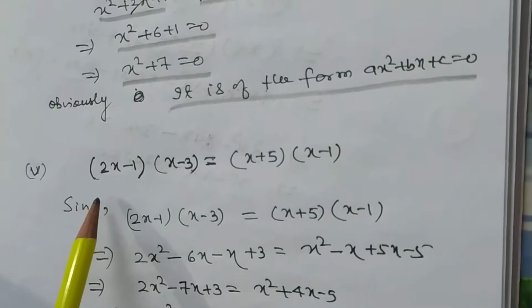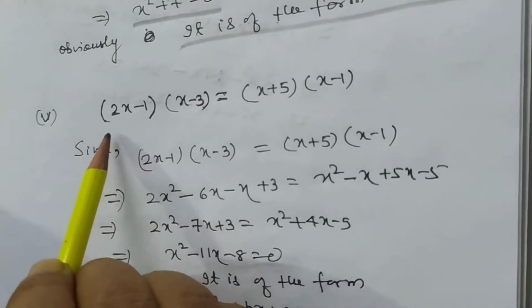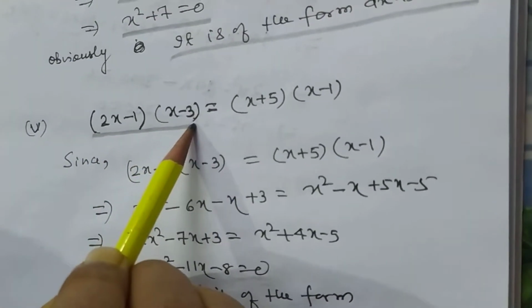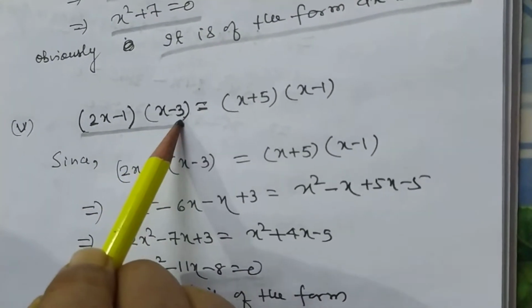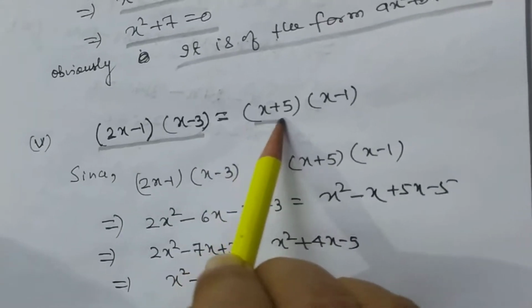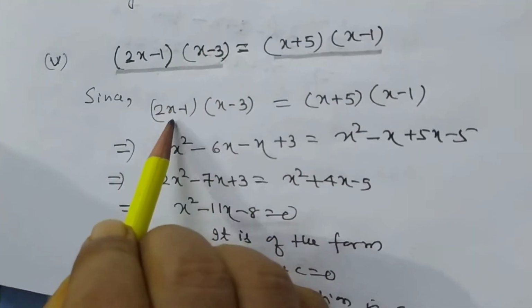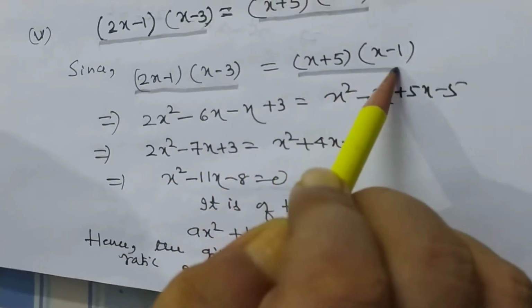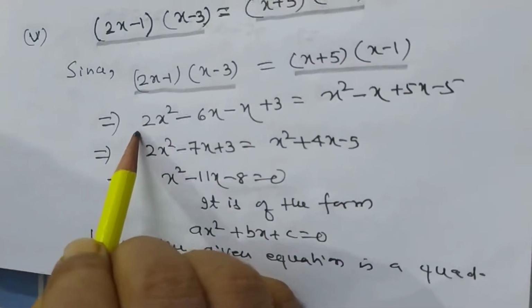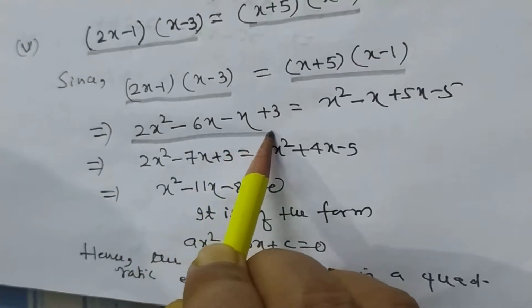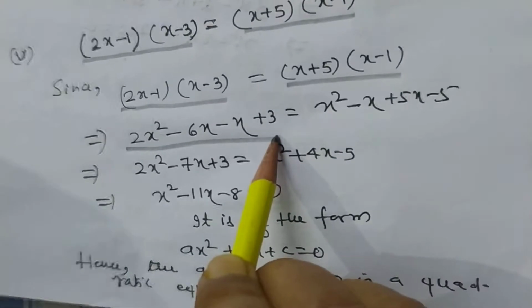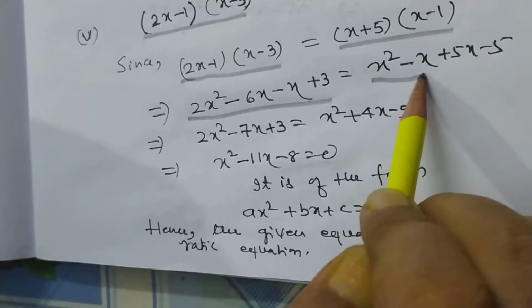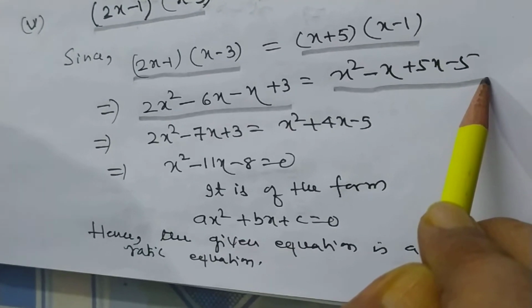My dear student, problem number 5. What is given in problem number 5? (2x − 1)(x − 3) = (x + 5)(x − 1). Since (2x − 1)(x − 3) = (x + 5)(x − 1), it will be 2x² − 6x − x + 3, and it will be x² − x + 5x − 5.